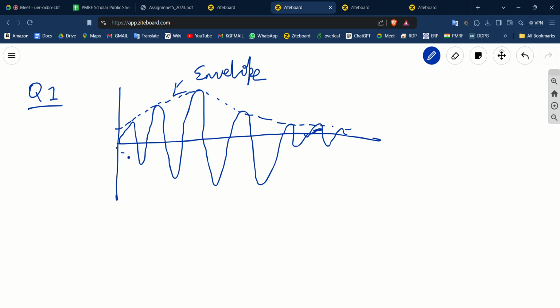Similarly, there will be an envelope here also, which will be the mirror image of this envelope. This envelope contains the message signal. We only need the change in the amplitude of the carrier signal. We don't care about the absolute value of the amplitude of the carrier, nor about its frequency. So we don't need to know the carrier exactly to know the envelope.